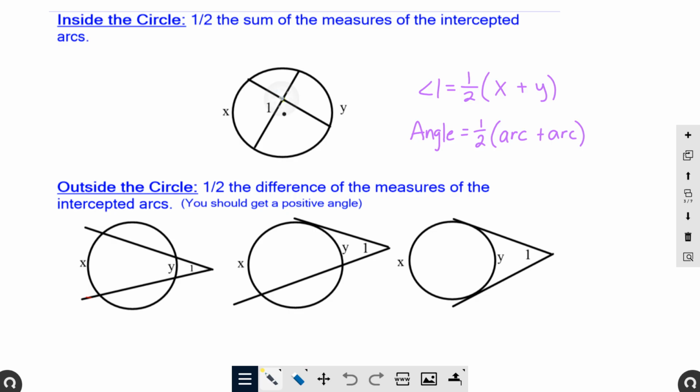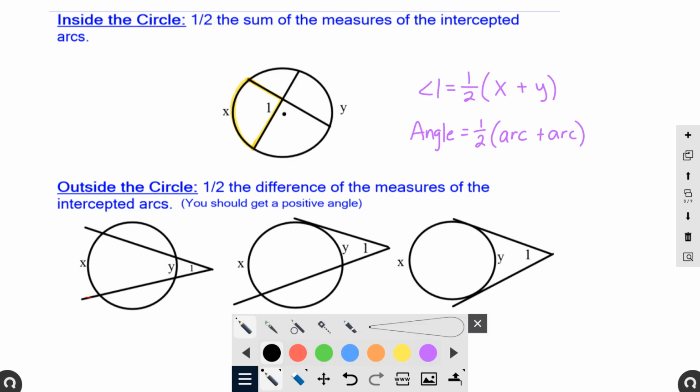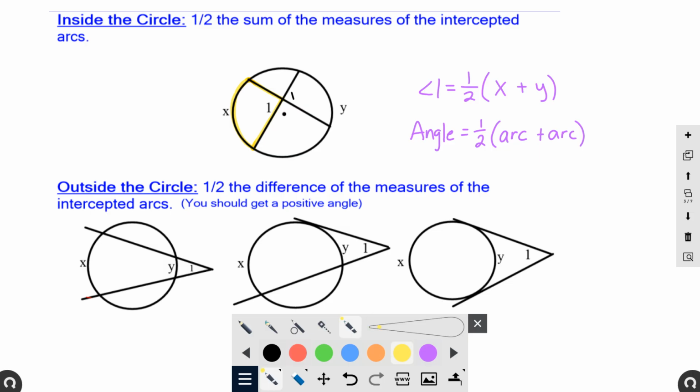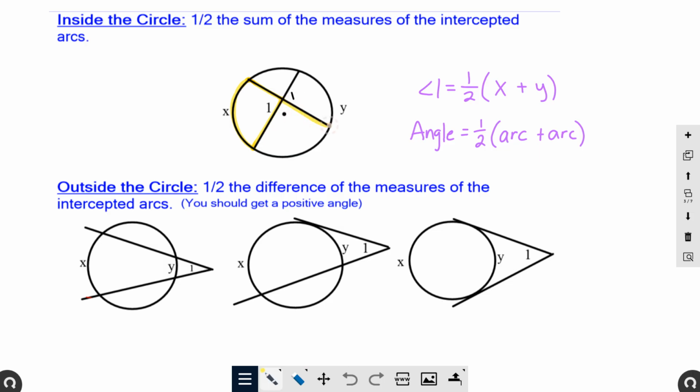So if this is angle 1, if I were to trace it out, it hits the circle here and here. So it intercepts arc X, doesn't it? But we could put angle 1 in another spot because of vertical angles. We could put angle 1 right here. So that means we could also trace it out this way.